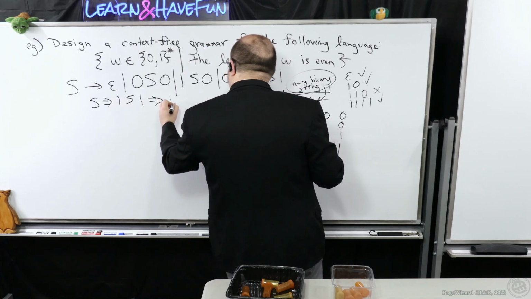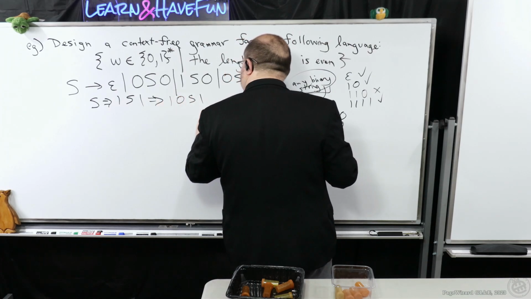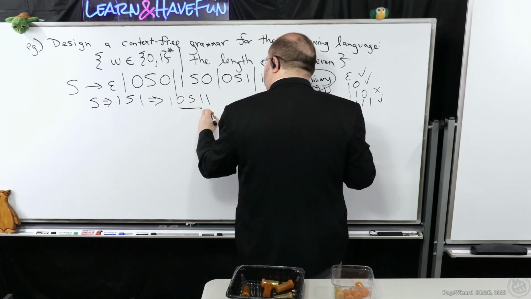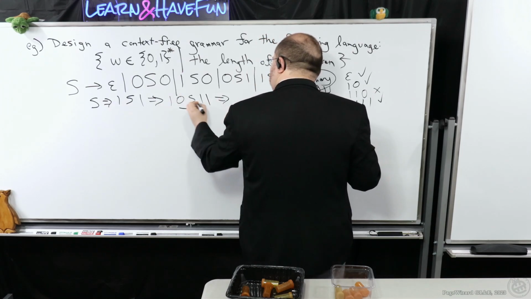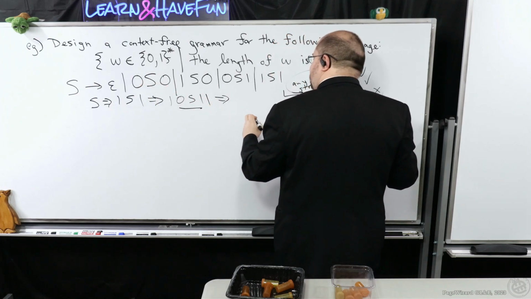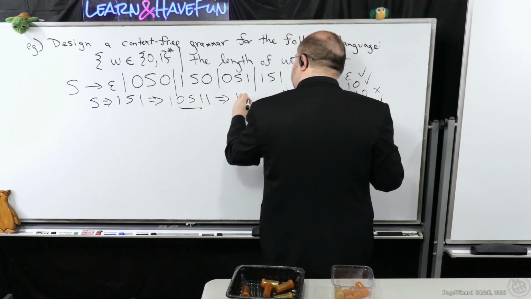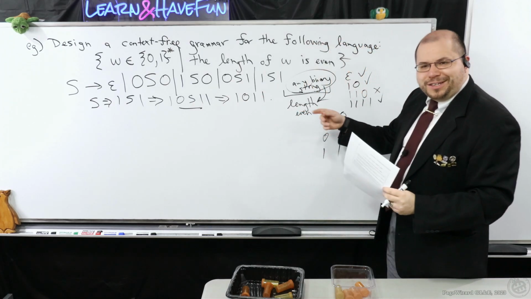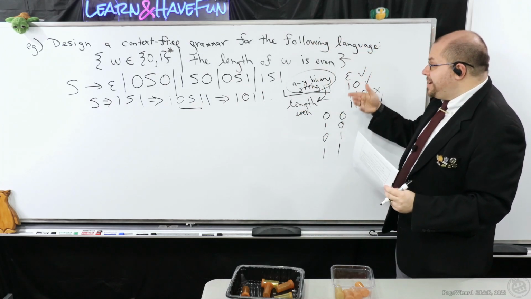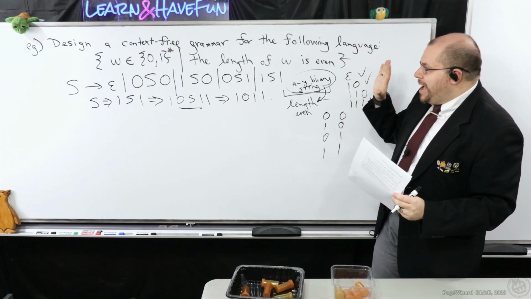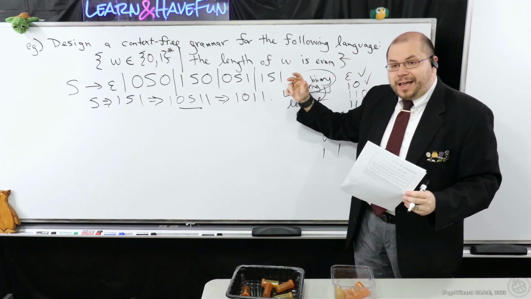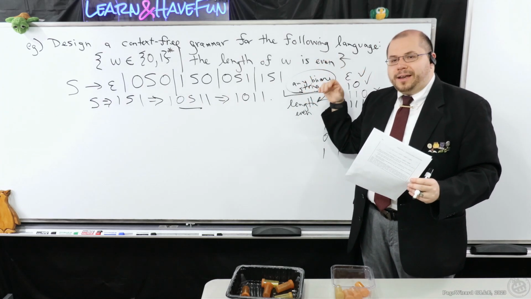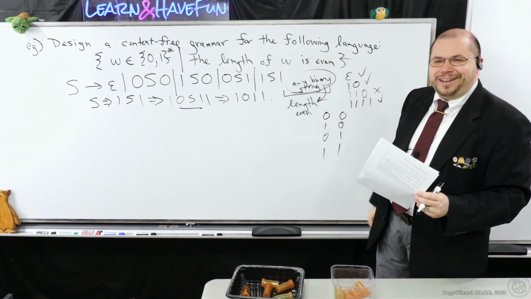So then I got 1, 0, S, 1, 1. That's the new part that I've replaced S with. And I could just simply apply the first production rule, the epsilon there, and I end up with 1, 0, 1, 1. That most certainly belongs to the language, right? Do you see every single time I apply the production rule, I end up always with an even length because I'm always introducing 2 symbols if I apply a production rule that doesn't consist of just the empty string.